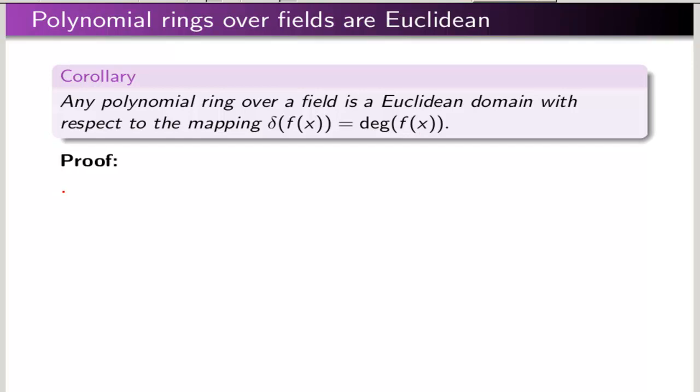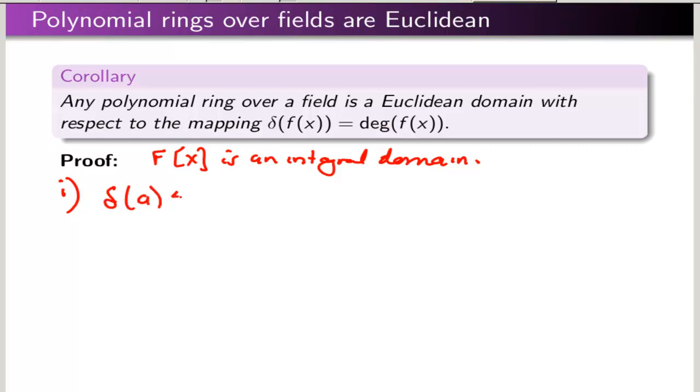So again, just check those key properties. We're starting with an integral domain, F[x]. And we've already noticed the degree is, in fact, a mapping into the non-negative integers. So we need to have the delta(a) less than or equal to delta(ab) property. Well, for our case, what does that mean?